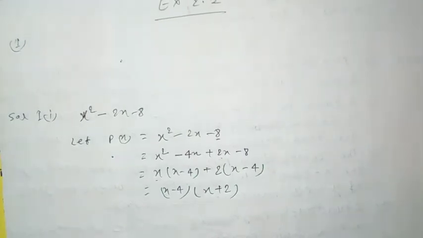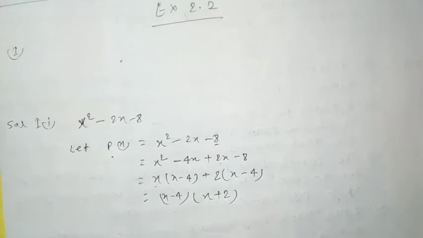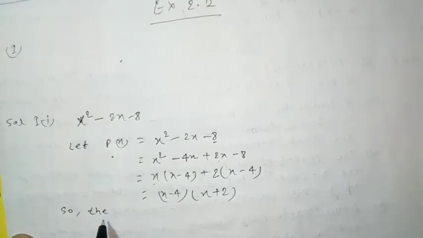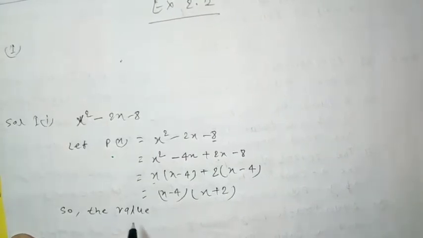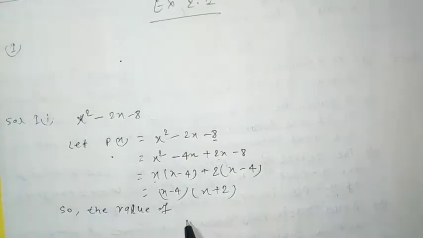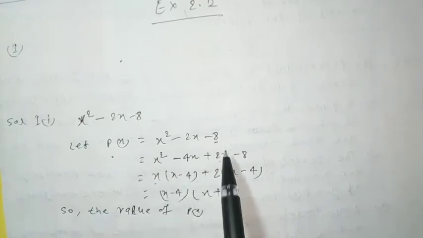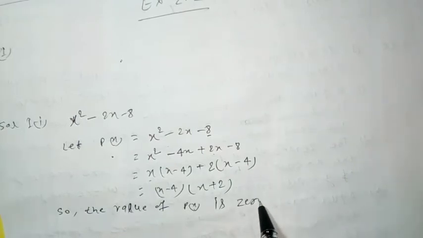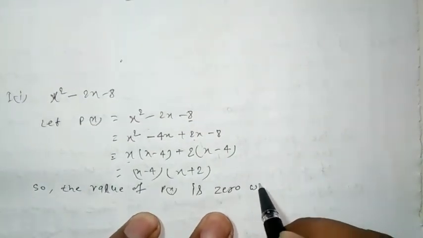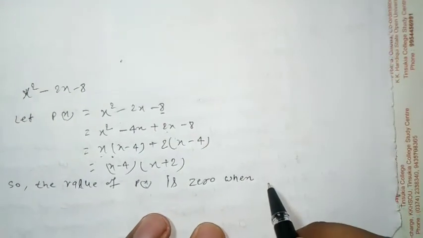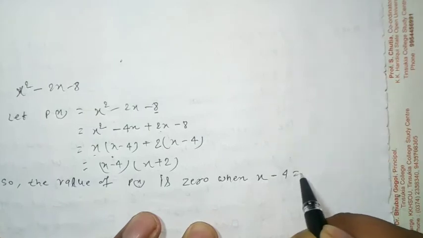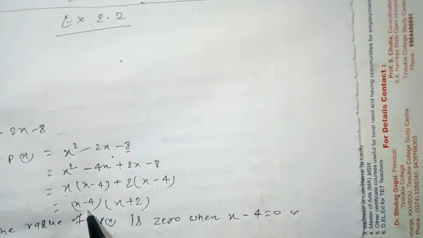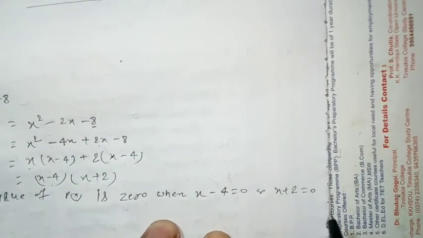Now the value of p(x), it means that x square minus 2x minus 8, is 0 when x minus 4 is equal to 0 or x plus 2 is equal to 0.